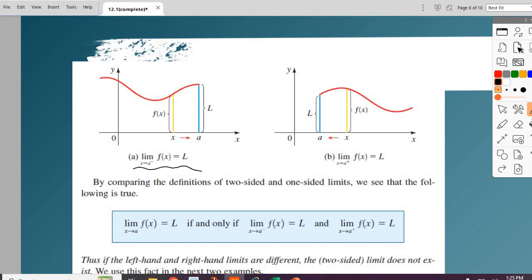So if I'm going from the left-hand side, we put like a little negative symbol. If I'm going from the right-hand side, we put a little plus symbol. And those two things have to equal in order for the overall limit to exist. Because if it's going towards two different things, then we can't say which one it is because they're different. Does that make sense? So, let's look at some more graphs.